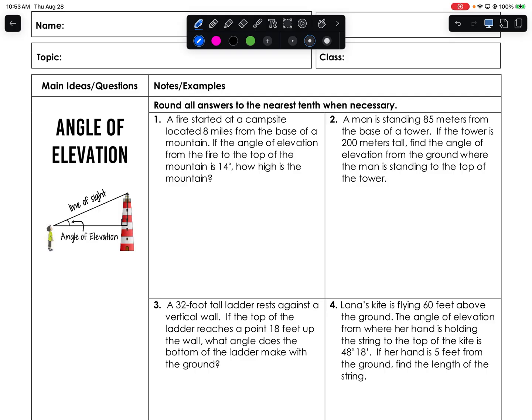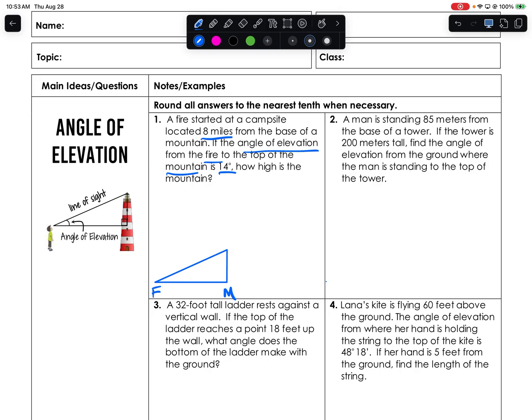Okay, so number 1 says a fire started at a campsite located 8 miles from the base of a mountain. So I'm going to draw a horizontal line. I have a fire. I have a mountain. Then it says, so 8 miles from the mountain, if the angle of elevation from the fire to the top of the mountain is 14 degrees, that means it's like this. 14 degrees would be like that.